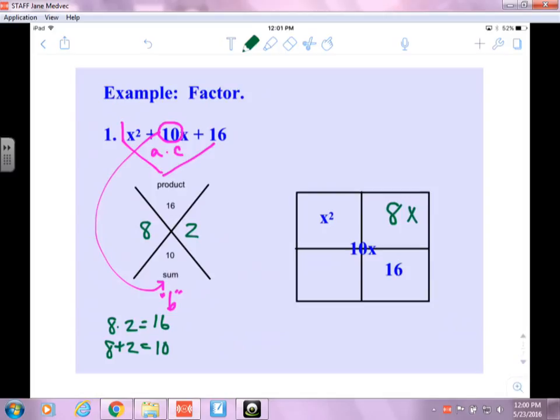I could have taken the 2 and put it in that box and it would have been just fine. Now in the other lower left box, I'm going to put 2. That could have been an 8x, so I can flip-flop those boxes. It doesn't matter what order I put them in.